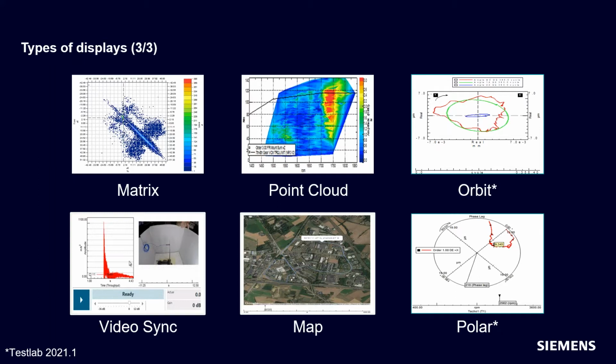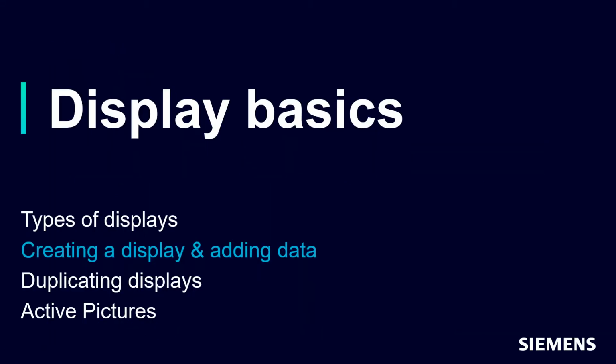In TestLab Neo, we also have video sync, where we can bring in video taken from any camera and sync it up with any time domain data, so impacts or vibration or anything like that. So that's the full suite of types of displays.